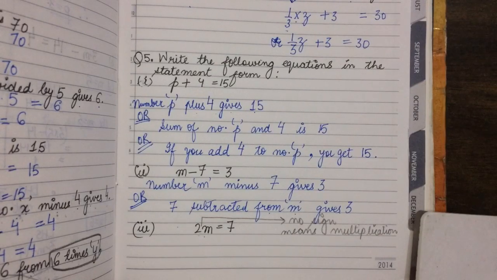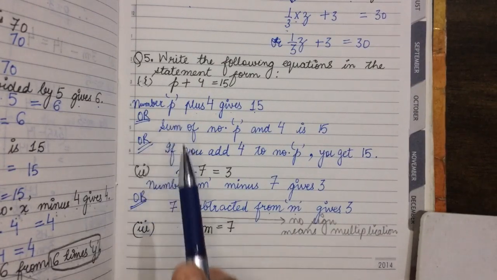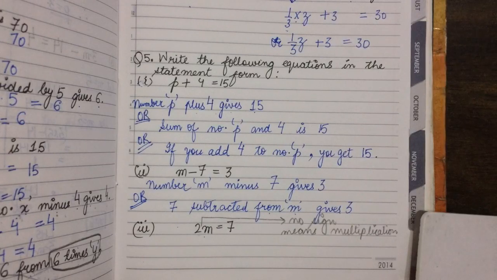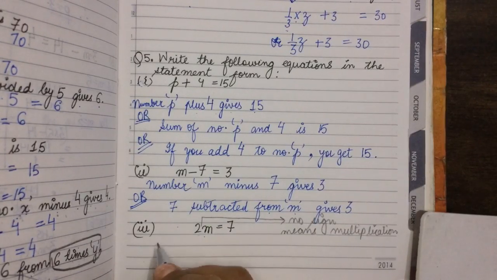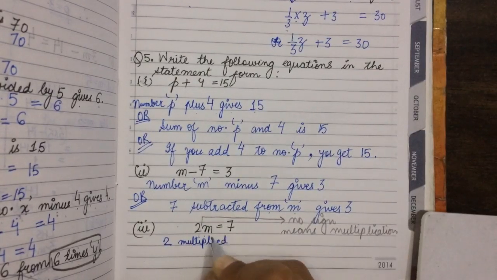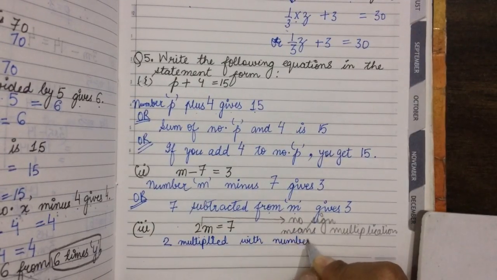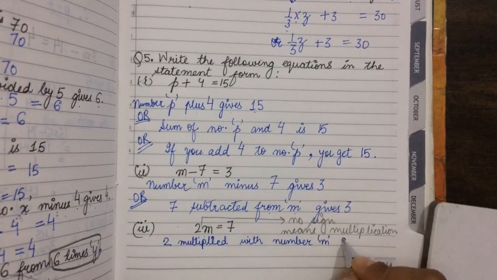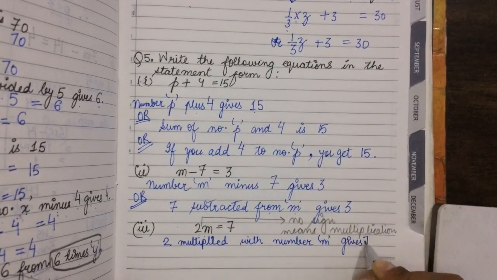So how can you write this? Again, just like addition and subtraction, this can be written in different ways. So I'm going to show you a few. You can write this as 2 multiplied with number m gives 7.